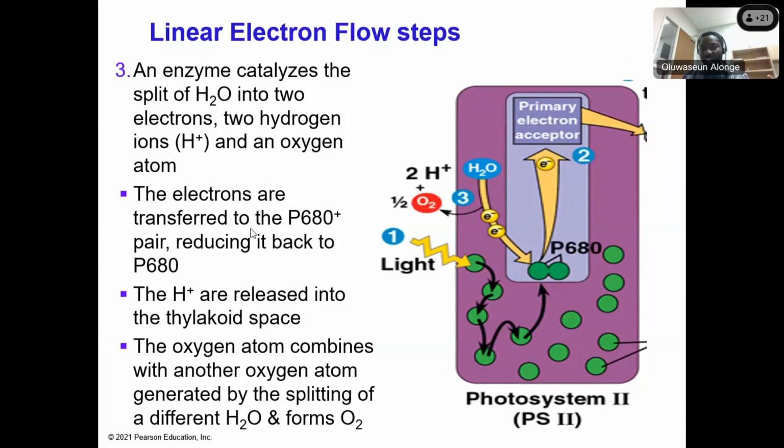The electrons are transferred to the P680 that was excited and oxidized, so that it can be reduced back to its original stable state, which is now P680 and not P680 plus again. The H plus are released into the thylakoid space. The oxygen atom combines with another oxygen atom generated by the splitting of 2 water molecules, which is why I did 2 the right time, right? To form O2.